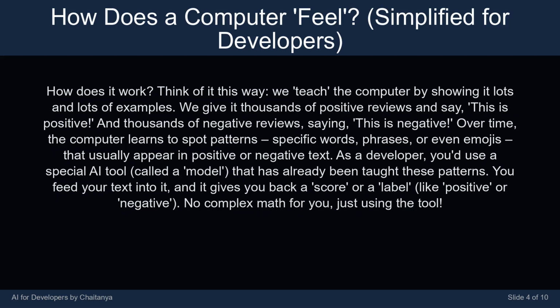As a developer, you'd use a special AI tool called a model that has already been taught these patterns. You feed your text into it, and it gives you back a score or a label, like positive or negative. No complex math for you, just using the tool.